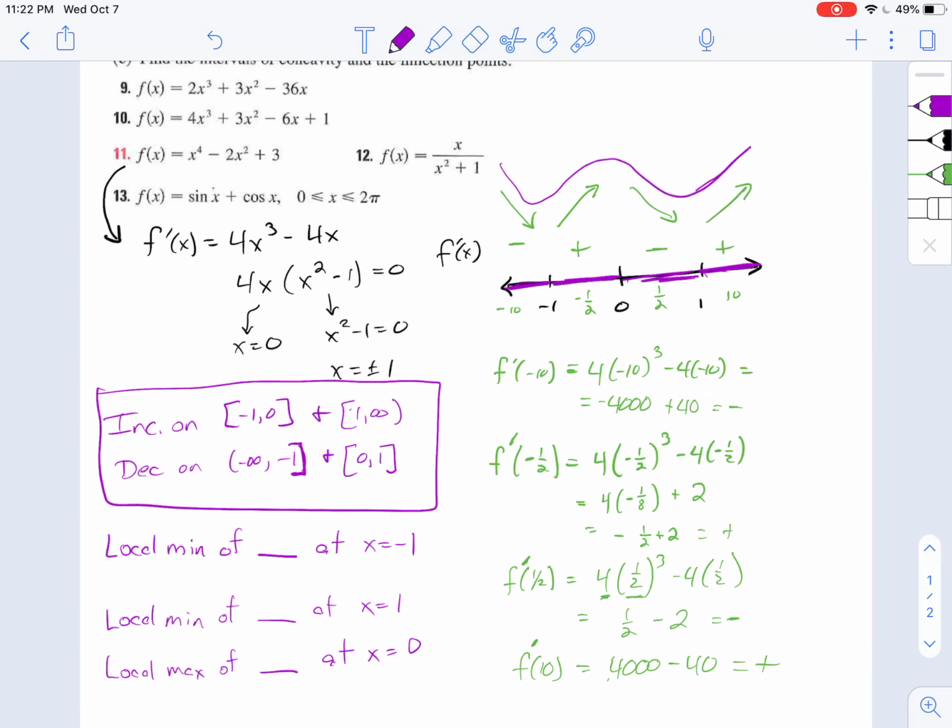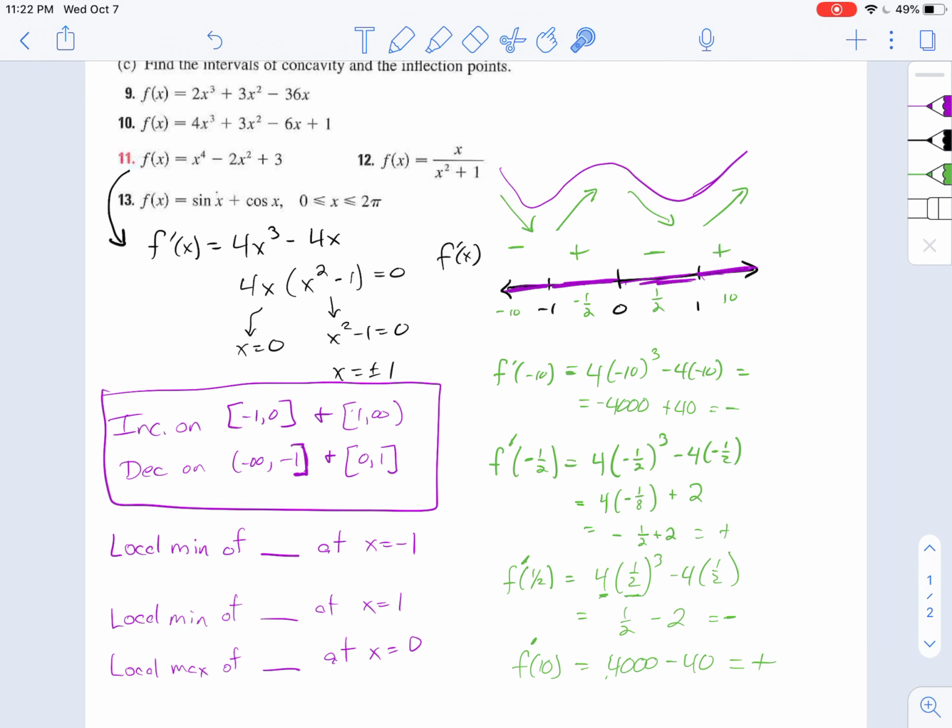Now, the way we get what the minimum and maximum values are is by plugging these numbers back into the original function. So if we plug in 0, you get 3. If you plug 1 in, you get 1 minus 2 plus 3, that's 2.